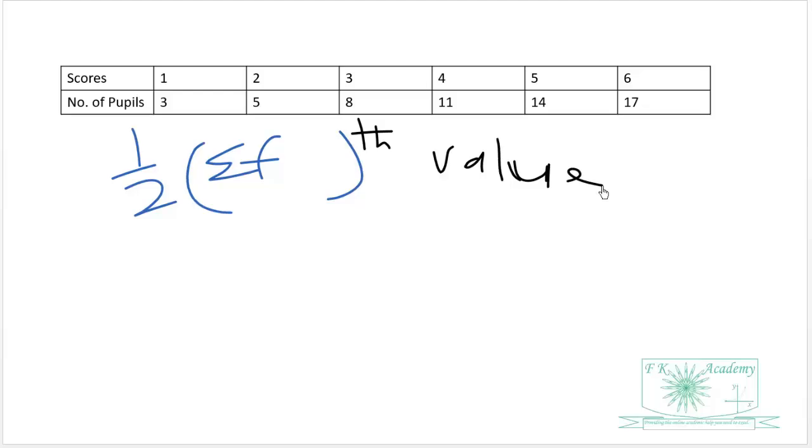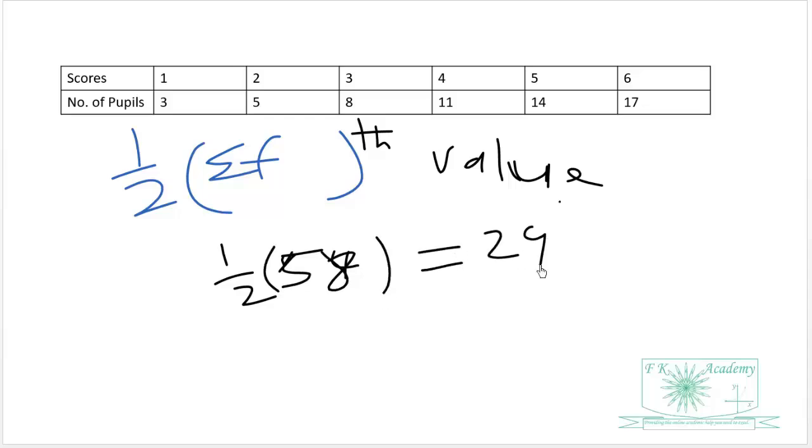Summation f, we found it to be 58, so half of 58 will be equal to the 29th value, or 29th score. That will be the median score.